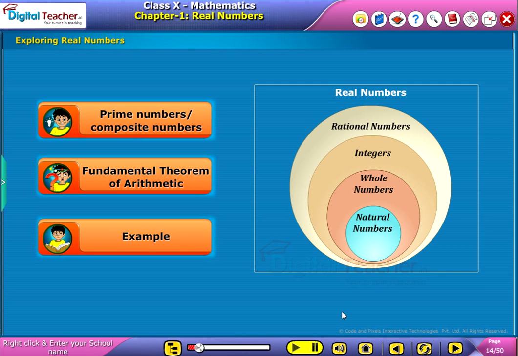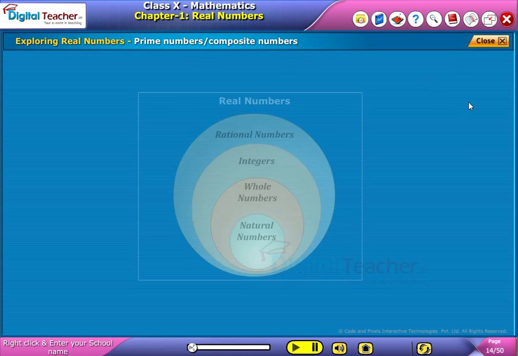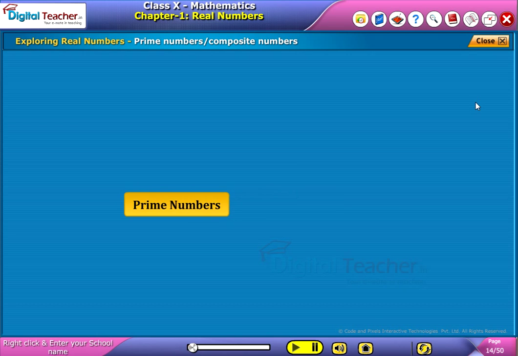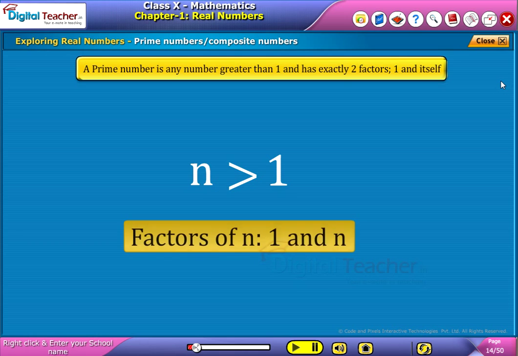In order to know in detail about real numbers, exploring real numbers. Let us first know about prime numbers and composite numbers. Prime number. A prime number is any number greater than 1 and has exactly two factors, 1 and itself.